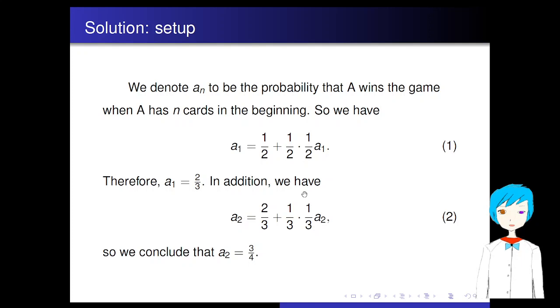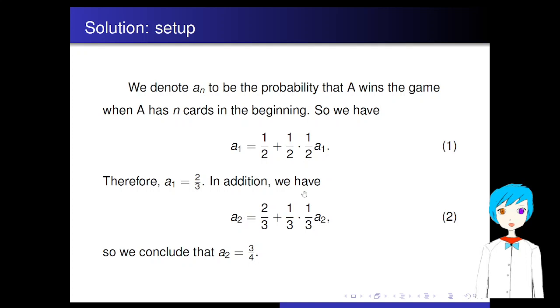If n equals 2, we have A_2 equals 2/3 plus 1/3 times 1/3 times A_2. The first term is that if A draws the card that is not the Joker card from B, then A wins, because for the next draw, B will draw the last card from A and discard 2 cards, so A does not have any card in A's hand.